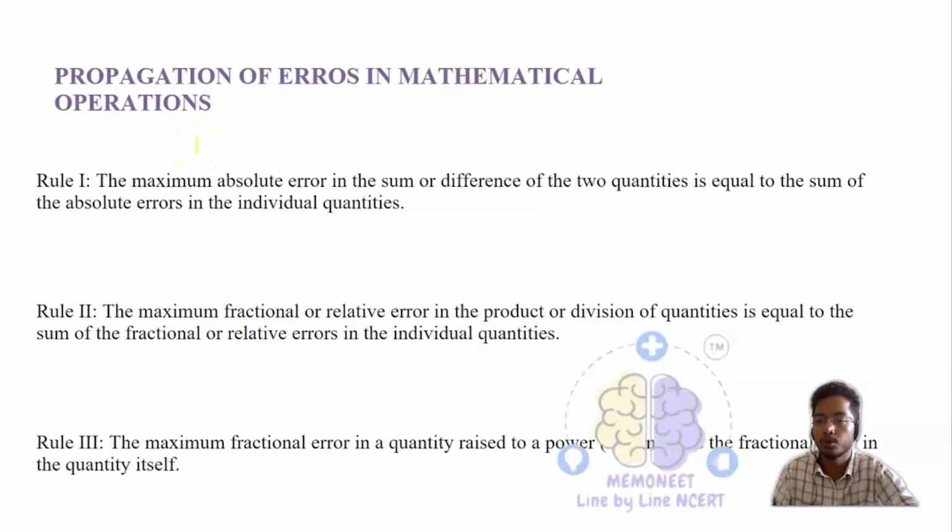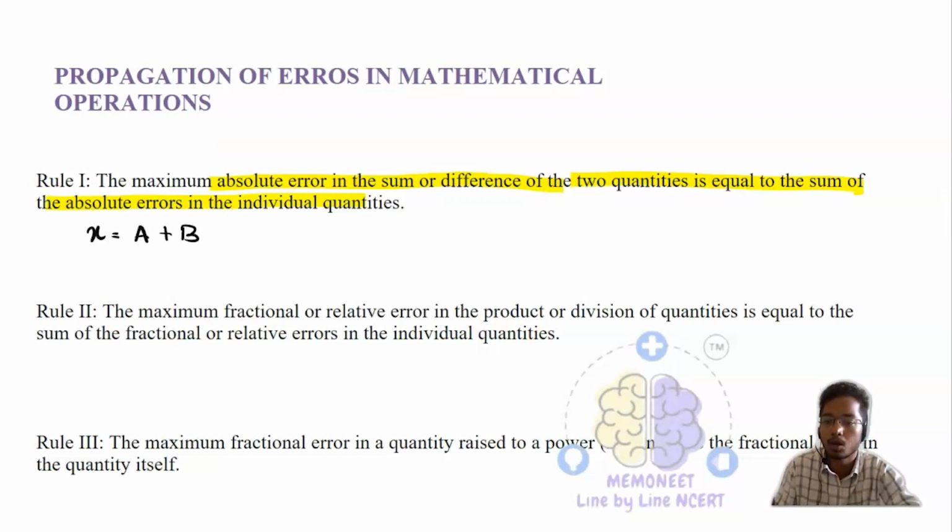Here we will move to our next topic, propagation of errors in mathematical operations. The first rule states that the maximum absolute error in the sum or difference of two quantities is equal to the sum of the absolute errors in the individual quantities. So let's say x is equal to a plus b, or x is equal to a minus b.